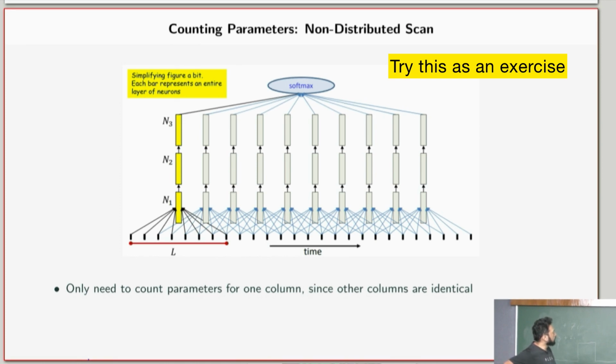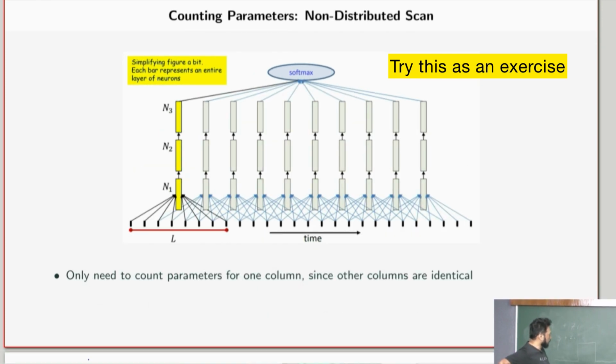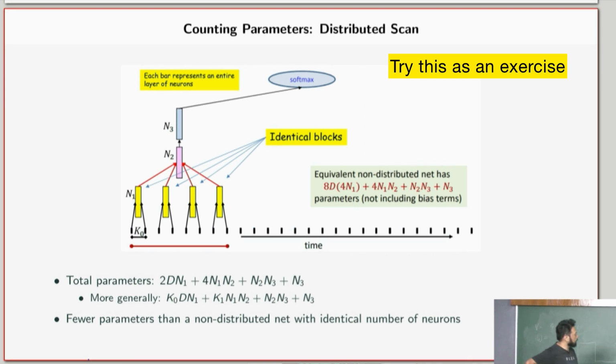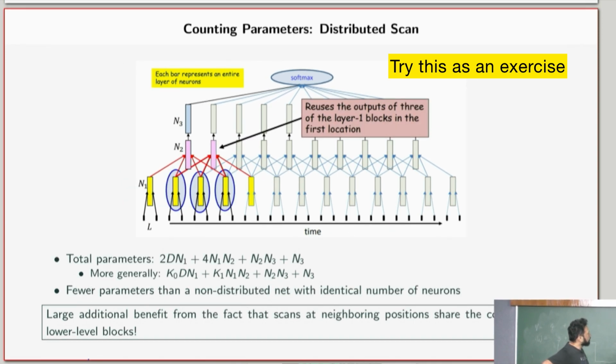Obviously these parameters are reused, so it's okay to count only for one column, and then if you do distributed scanning, you may verify this. It's easy to verify. Distributed scanning also leads to a smaller number of parameters. These are some calculations done for distributed scanning, and it's because in distributed scanning you have the opportunity to reuse some outputs from the previous layer.